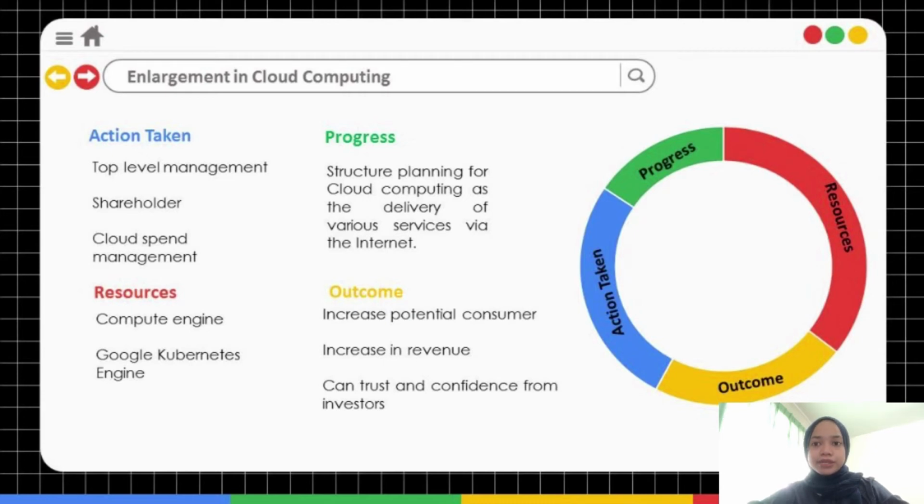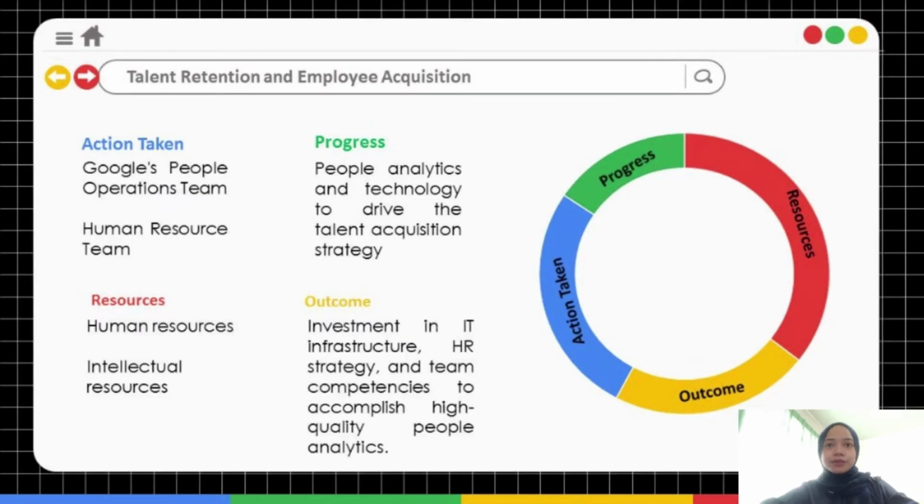to Alphabet Incorporated. For the strategic implementation from the aspect of talent retention and employee acquisition, Google's employee operation teams and human resource team have taken the initiative of using people analytics and technology to drive the talent acquisition strategy. These include projects such as Project Oxygen, which focuses on discovering what successful Google managers do, and Project Aristotle, which focuses on what makes a team effective at Google.